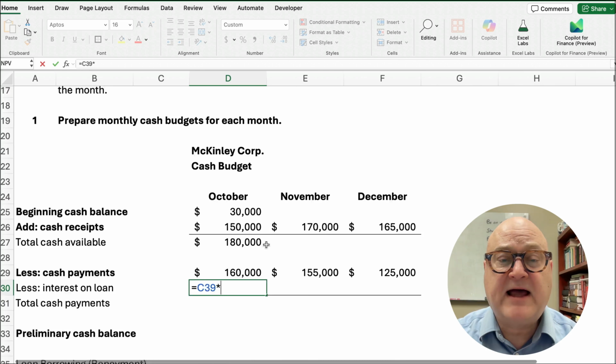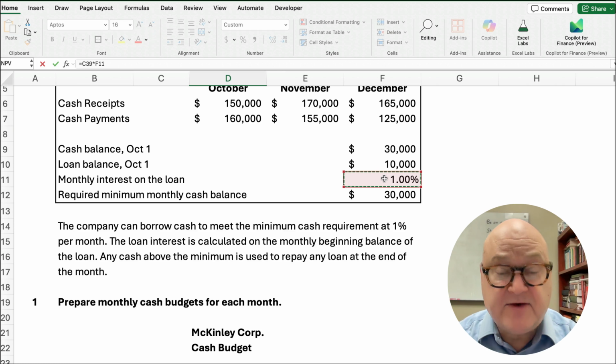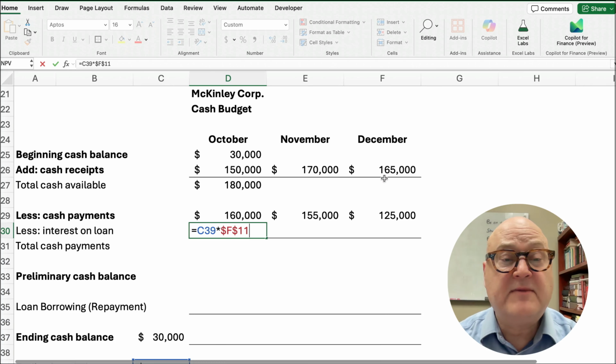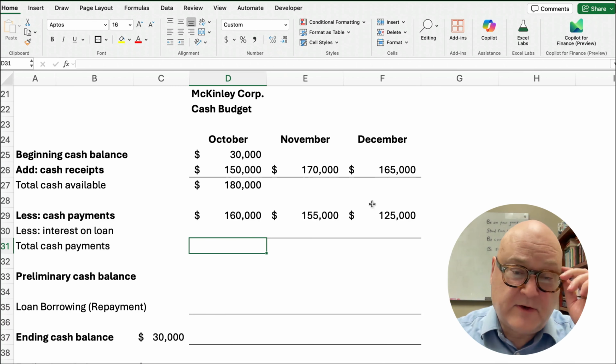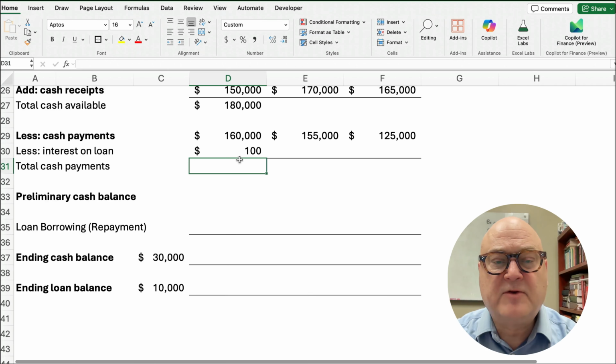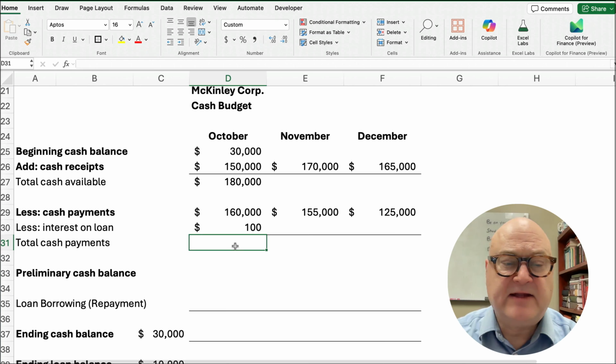I'm going to go up to the top and make it absolute with function F4, so I can make it absolute $F$11. So 1% of that is going to be how much? Well, 1% times 10,000 is $100.